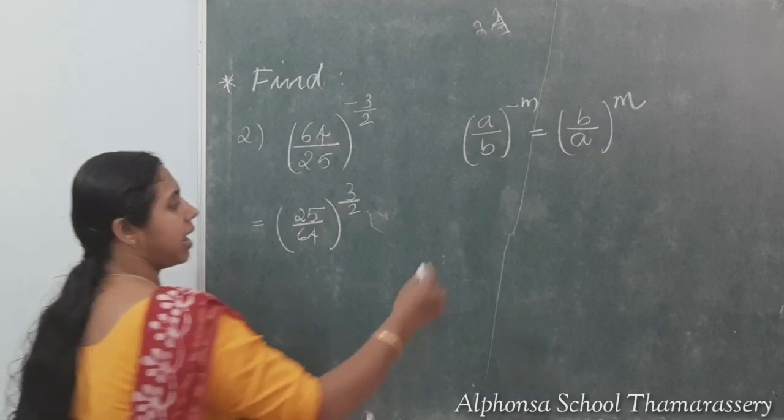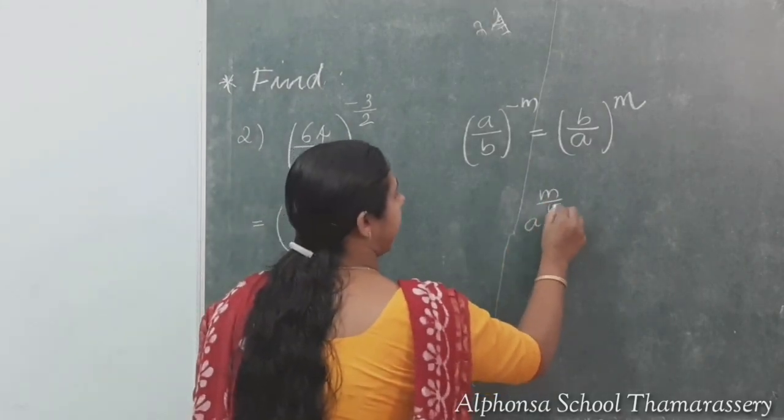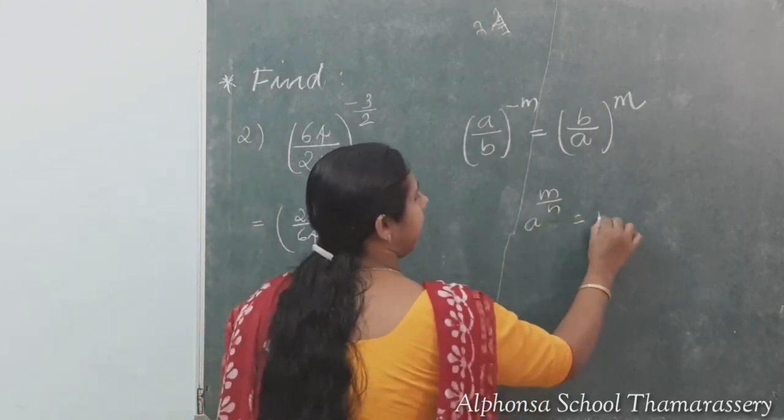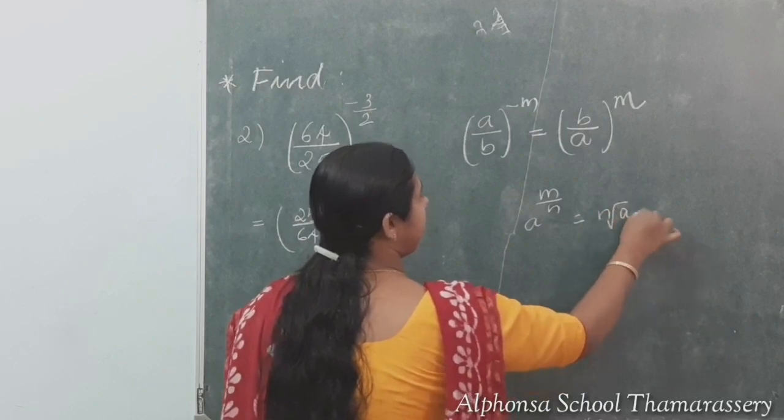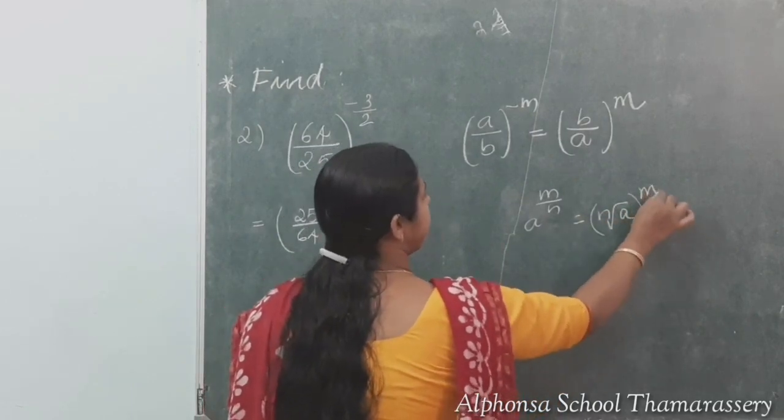Now you can apply a raised to m by n is equal to nth root of a whole raised to m.